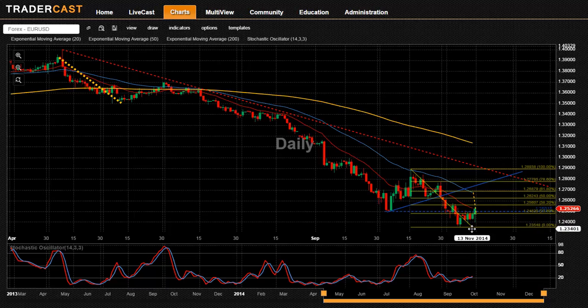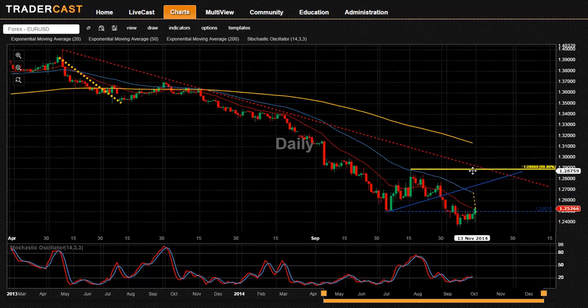Alternatively, if the current price action returns back inside below this 125.00, then 124.00 followed by 23.60 would be logical downside support. Loss of 23.60 would potentially target 123 very, very quickly.